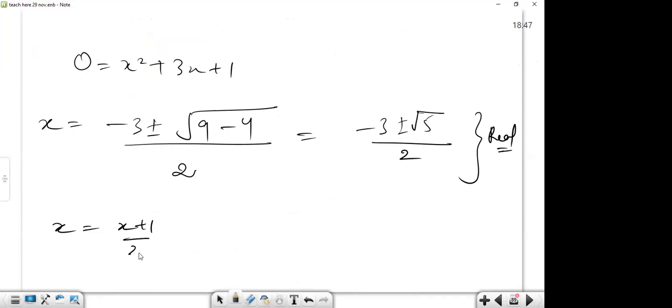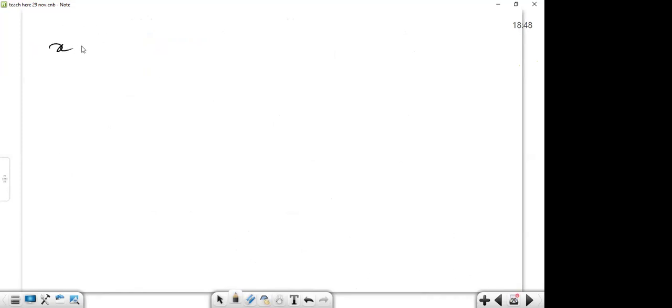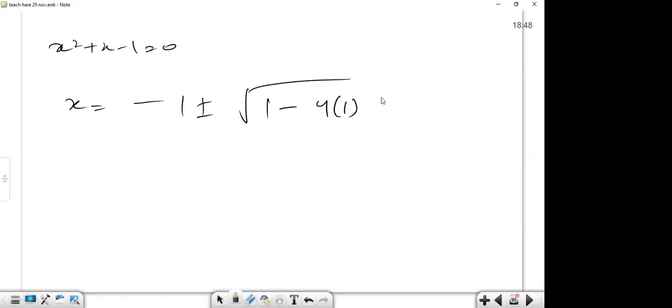Now let's solve this. Bringing this to the left hand side, x squared plus 2x is equal to x plus 1. Now applying the Sridharacharya formula, minus b plus minus square root of b square minus 4ac upon 2a, where a is 1, b is minus 1 and c is minus 1.